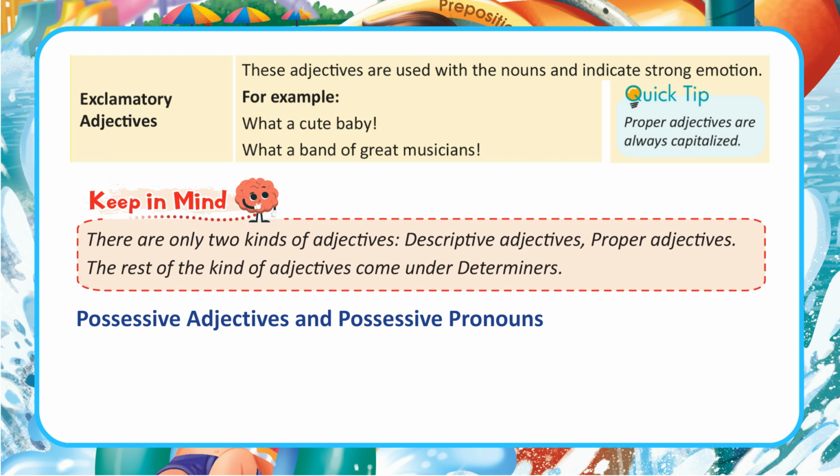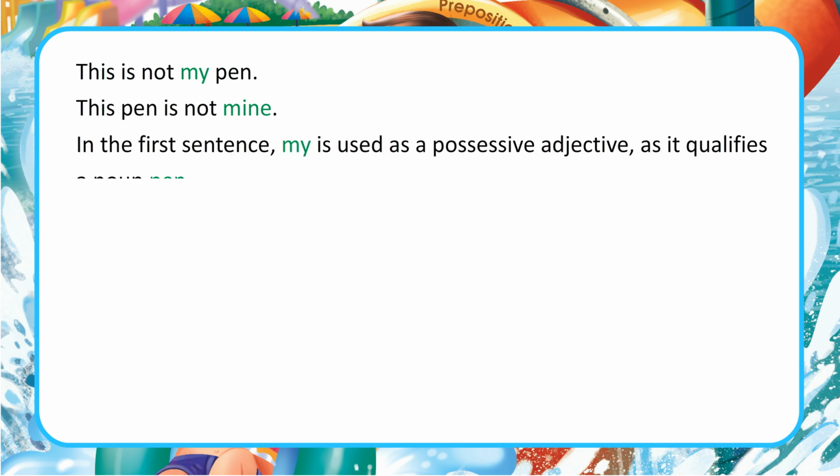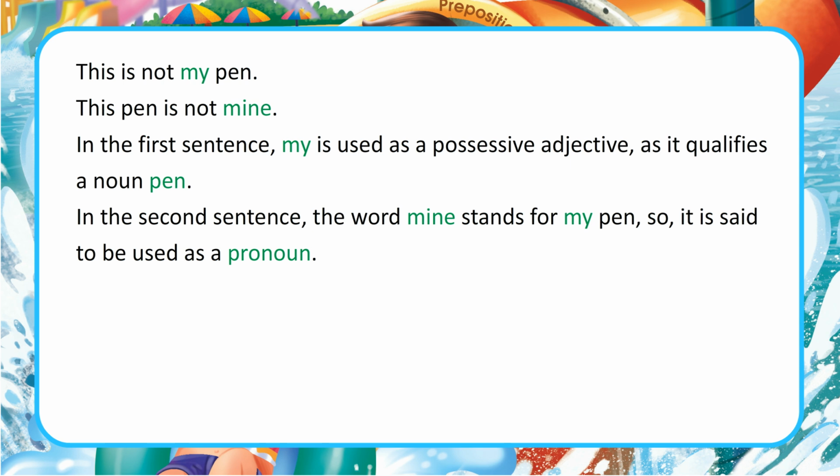Possessive adjectives and possessive pronouns. Read the given sentences carefully. This is not my pen. This pen is not mine. In the first sentence, my is used as a possessive adjective, as it qualifies a noun, pen. In the second sentence, the word mine stands for my pen, so it is said to be used as a pronoun.